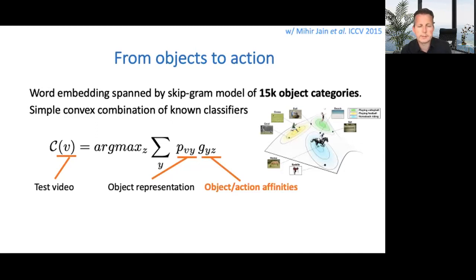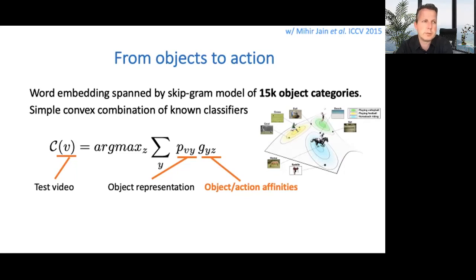So we represent a video based on this vector of classification scores. And then at test time, we simply look for what affinities we can find in object action space, here spanned by a word2vec model, to find those objects with the high scores to determine the most likely action.